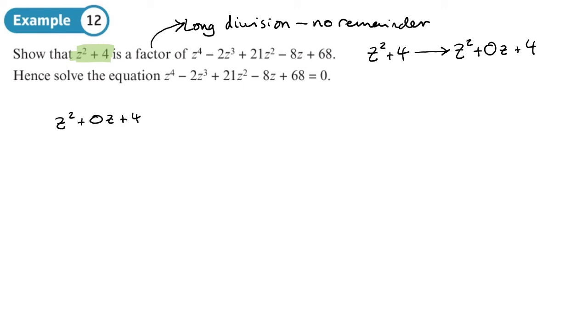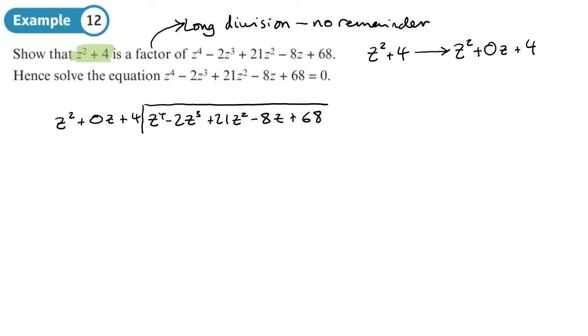So anytime you've got a missing power in the divisor or the actual thing that you're dividing, put it in as 0. So z to the power 4 minus 2z cubed plus 21z squared minus 8z plus 68.